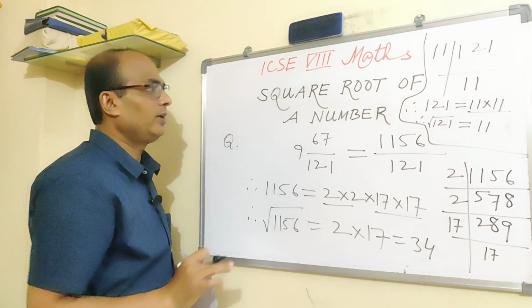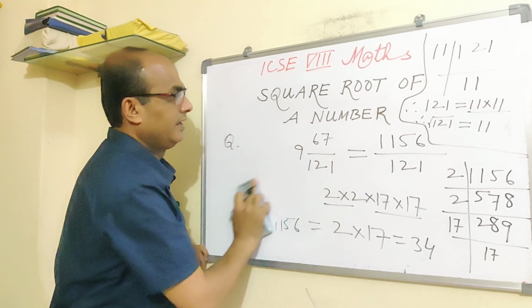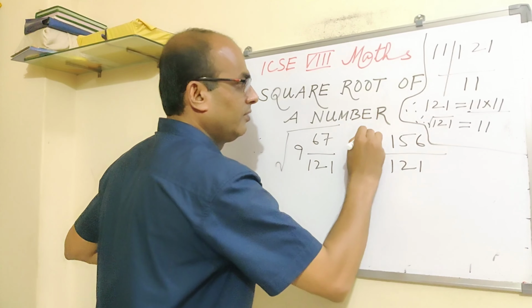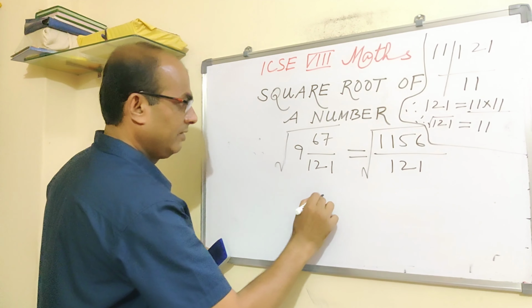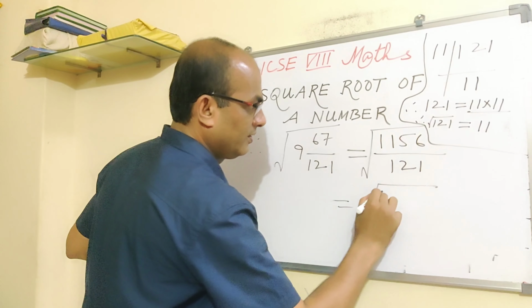Now see how to write it down. Now we are going to wind up. This is the last question. Therefore square root of this is equal to square root of this, and that is equal to square root of 1156 whole divided by square root of 121.